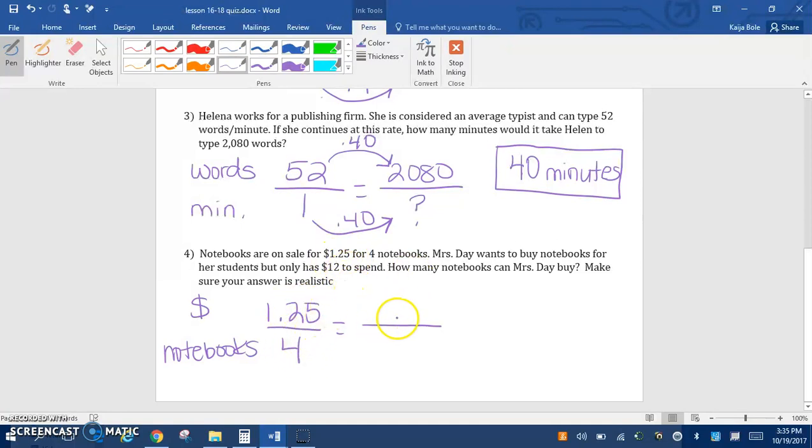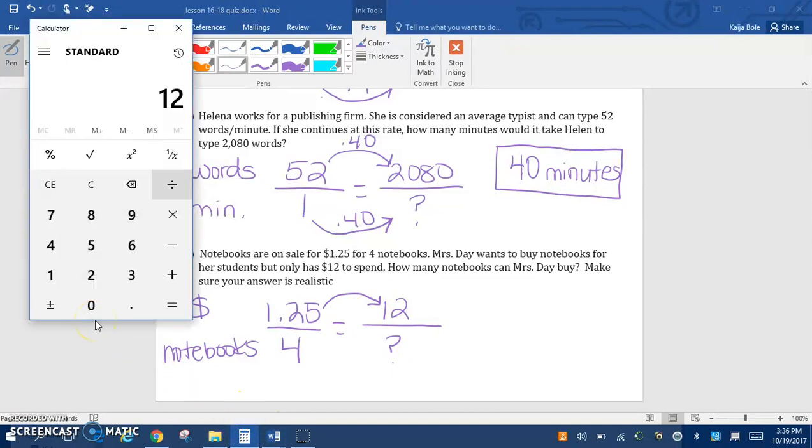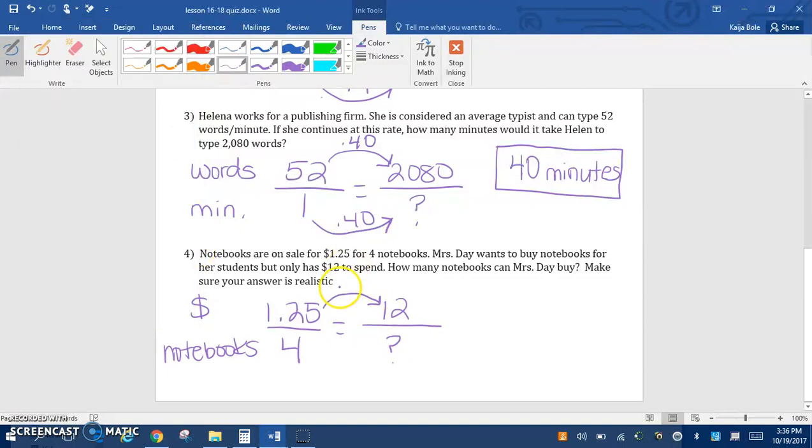She has $12, so we know that, so we're going to put that in, and they want to know how many. So we're going to have to plug into the calculator 12 divided by 1.25, and that equals 9.6. So this would be times 9.6. On the bottom, the same thing, times 9.6.